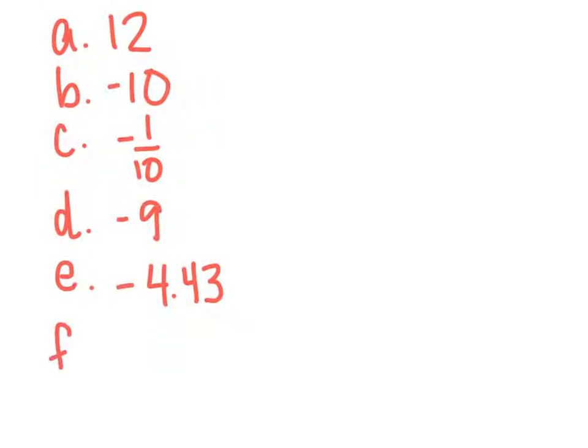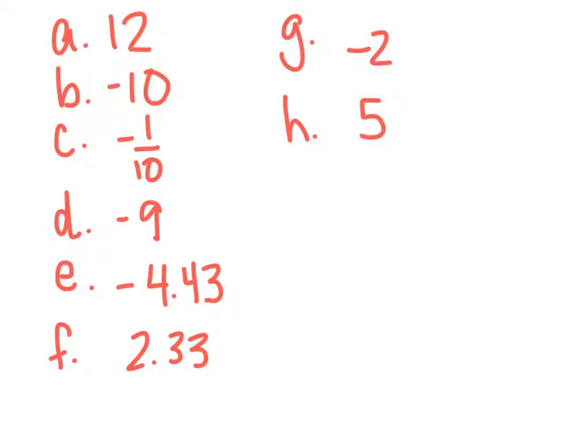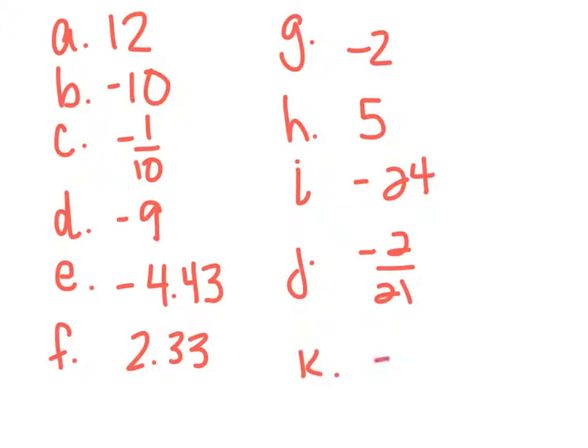Letter F, 2 and 33 hundredths. Letter G, -2. Letter H, +5. Letter I, -24. Letter J, -2/21. And letter K, -11 2/10.